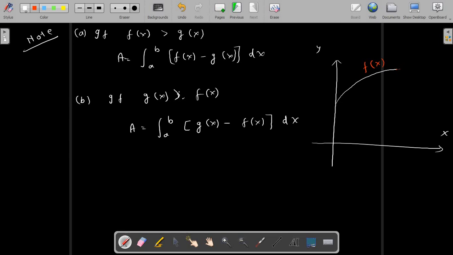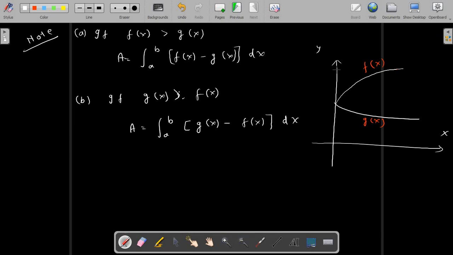Suppose these are the curves, and this is g(x). Which function has more, or greater, y values? Function f(x) or g(x)?